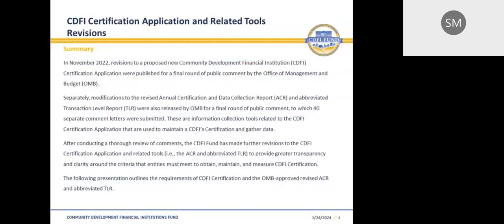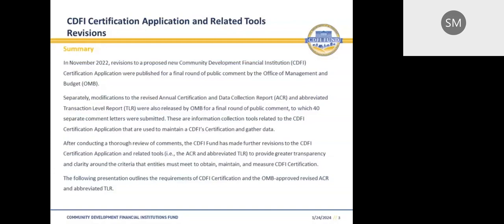During this presentation, we will give a high-level overview of the requirements for CDFI certification as reflected in the revised CDFI certification application and its related tools, the Annual Certification and Data Collection Report, or ACR, and the Abbreviated Transaction Level Report, or TLR.